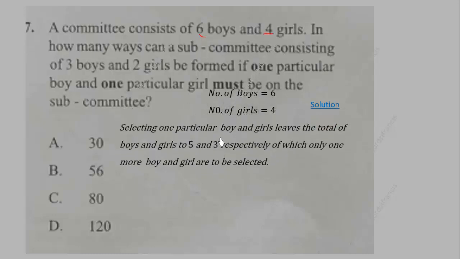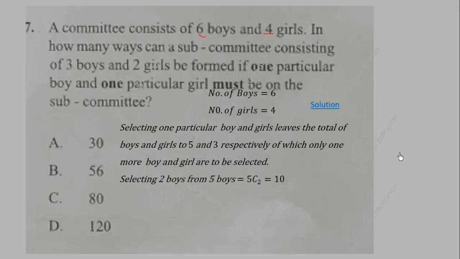Now, selecting one particular boy and girl will leave the total number of boys to be 5 and the total number of girls to be 3. And out of that, we have only one more girl and two more boys that are to be selected.